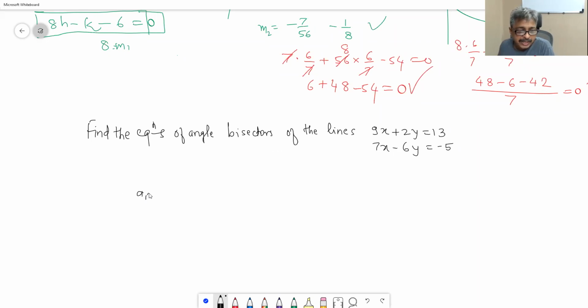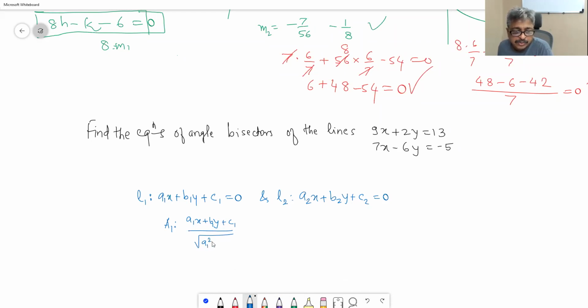Suppose it is given that a1x + b1y + c1 = 0 is your L1, and L2 is a2x + b2y + c2 = 0, then angle bisector 1 is going to be (a1x + b1y + c1) divided by root of a1² + b1² is equal to plus (a2x + b2y + c2) divided by root of a2² + b2².